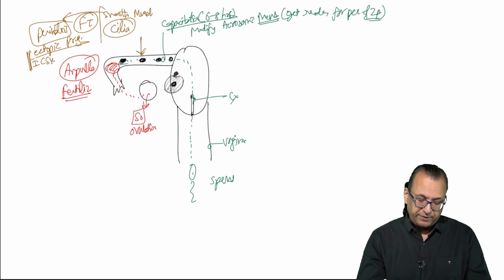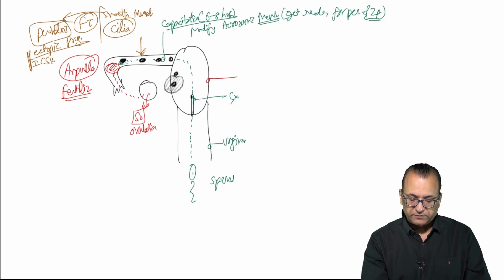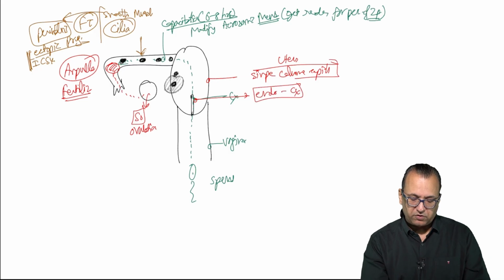Now, what is the epithelium of the uterus then? Epithelium of the uterus is simple columnar epithelium, and that is the same for the endocervix also. So, maybe it is endocervix or uterus, they have simple columnar epithelium.